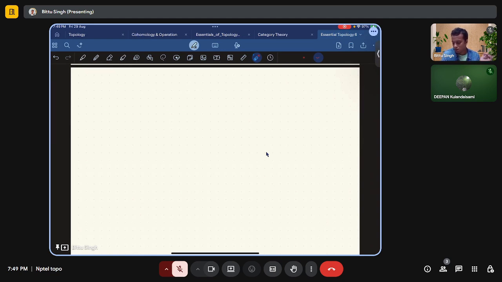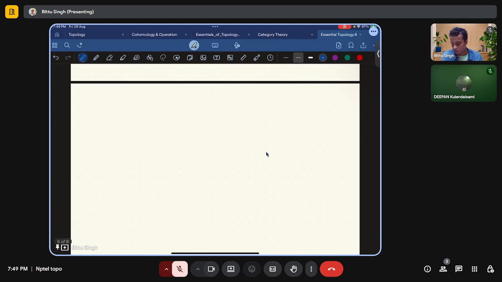So there is another interesting problem. Actually it is from Mukesh. Consider the equivalence relation on R2. (x, y) is related to (x', y') if and only if x squared plus y squared is the same as x' squared plus y' squared.